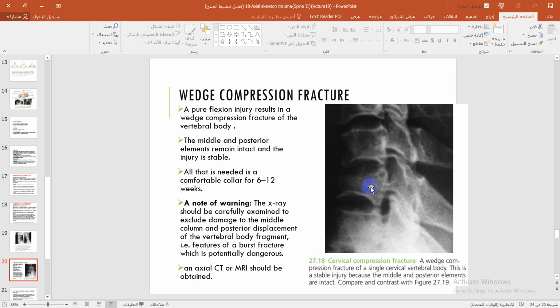Which is potentially dangerous, and an axial CT scan or MRI should be obtained.